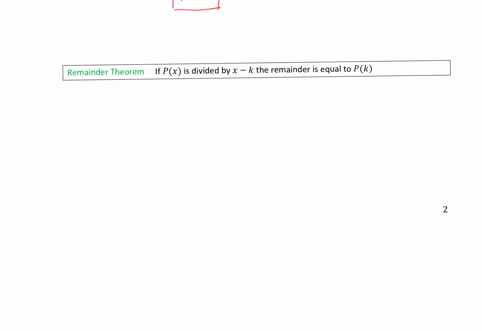Well, if we go back to our example 3, recall our p of x in that case was 3x to the third plus 7x squared minus 5. So this is just a really nice trick.